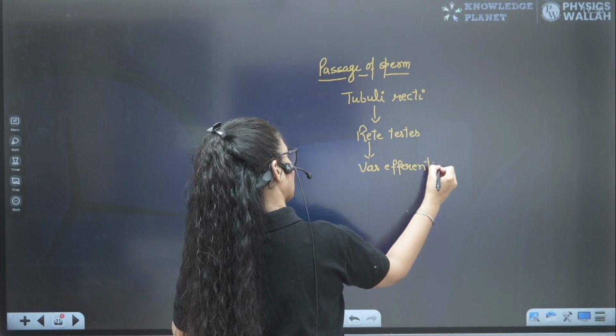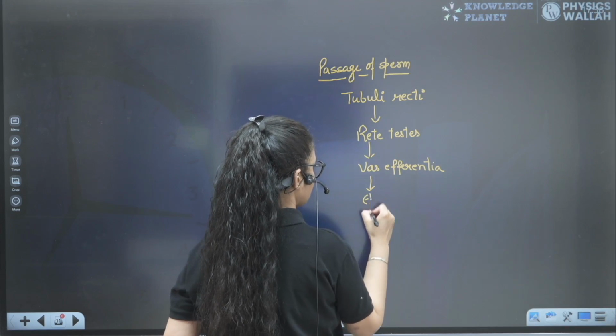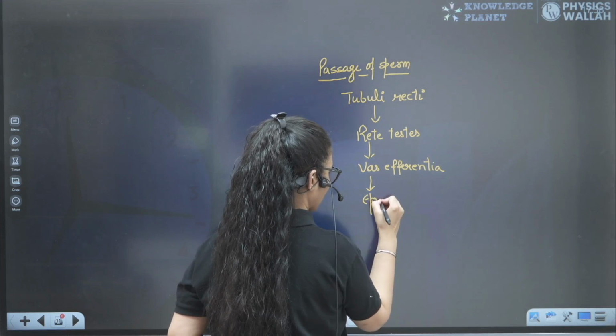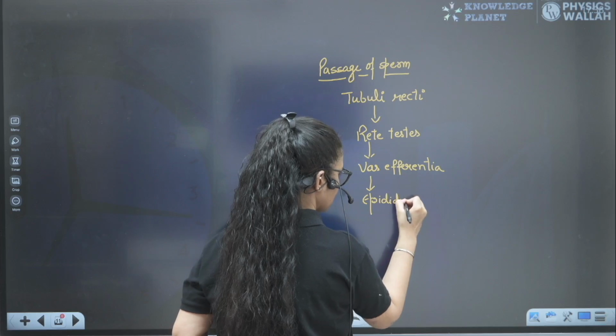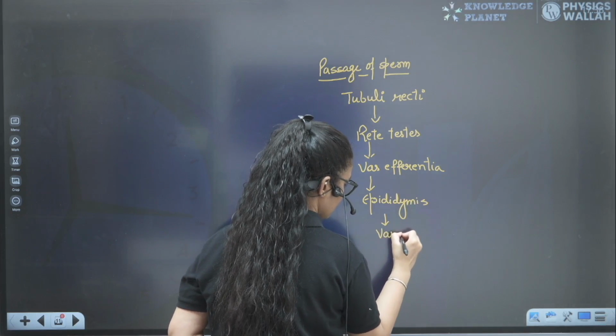The vas efferentia open into the epididymis, which is very long, as we have seen. The epididymis will open into the vas deferens.